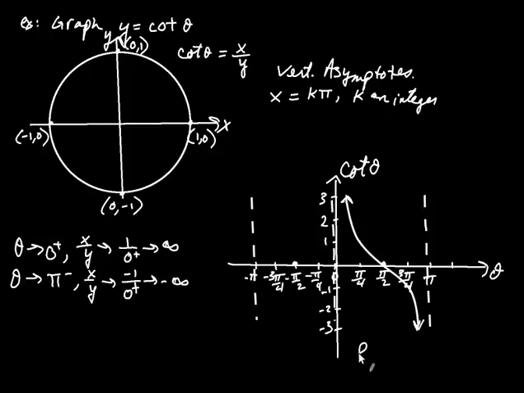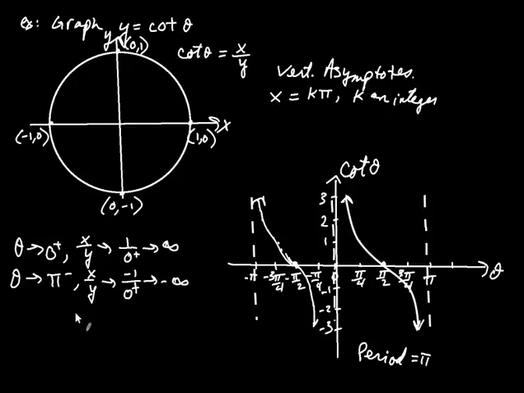And notice that the period is also pi. Now you should go ahead and try to graph in the cotangent over this interval, and you'll find that you get this part of the graph, right? So you'll find that you get another graph looking like this, right? So cotangent, basically like tangent, keeps on repeating these patterns over and over.